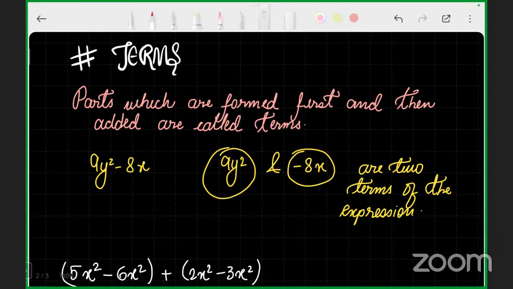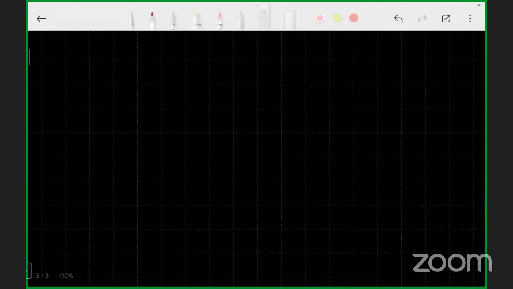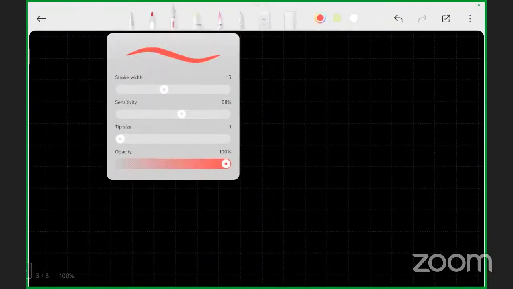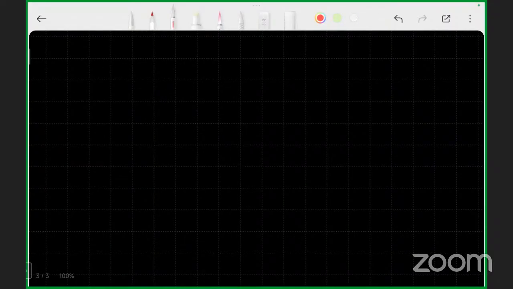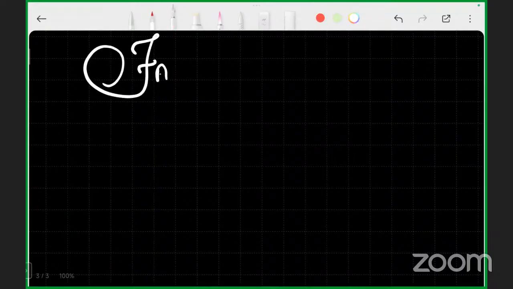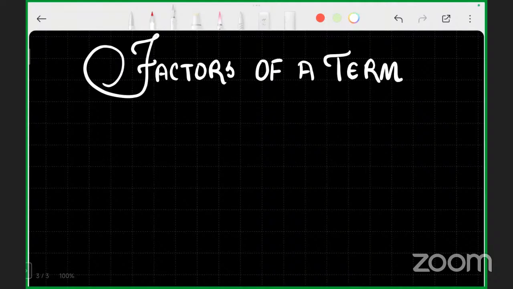That is the factors of a term. Let's take the same expression, 9y square minus 8x.